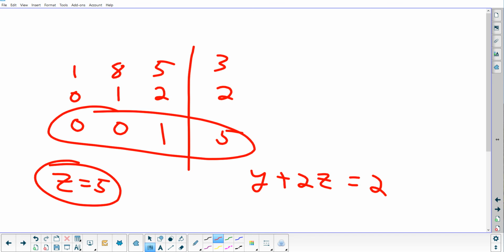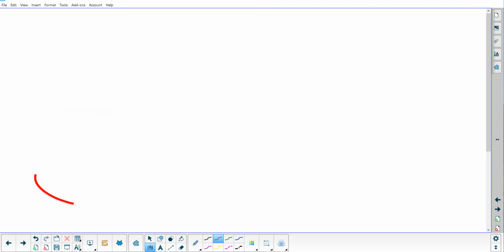So when you do row echelon form, you'll get one of your variables, and then you use substitution to get the second variable, and then substitution again to get the third variable. If you did reduced row echelon form, then you would end up with something like this: 1, 0, 0, 0, 1, 0, 0, 0, 1.